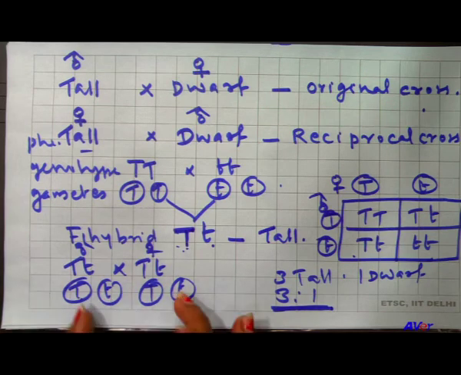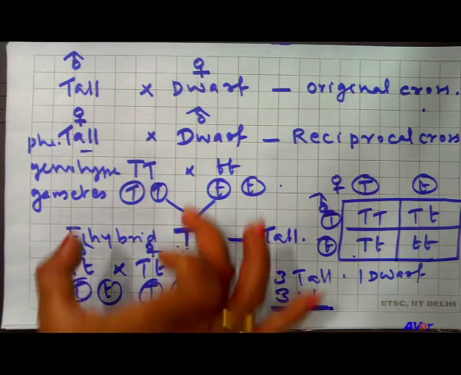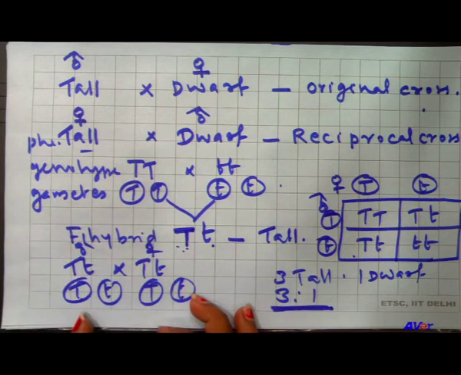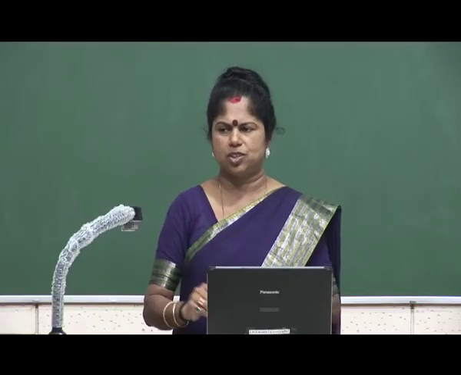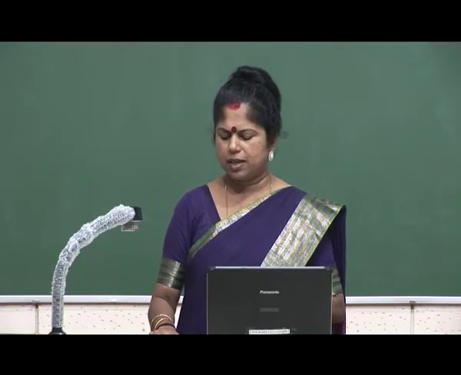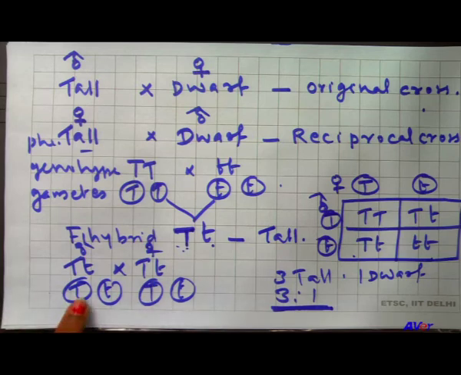So, this is yet another law based on the monohybrid cross. Why is this law known as the law of purity of gametes? Because, as I have already told, the gamete contains only one allele for a particular character.